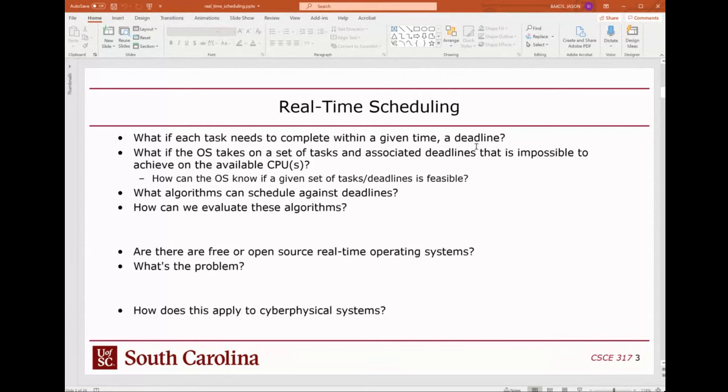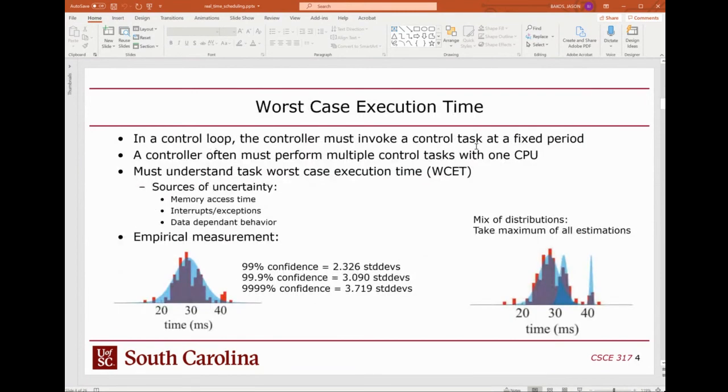And also, as I mentioned at the beginning of the class, the types of embedded CPUs used for cyber-physical systems are usually pretty cheap. They're not powerful CPUs. They run at a low clock rate. They're usually one core. So you have to be careful with those, that they meet their deadlines, especially when they're being time division multiplexed amongst possibly multiple control jobs.